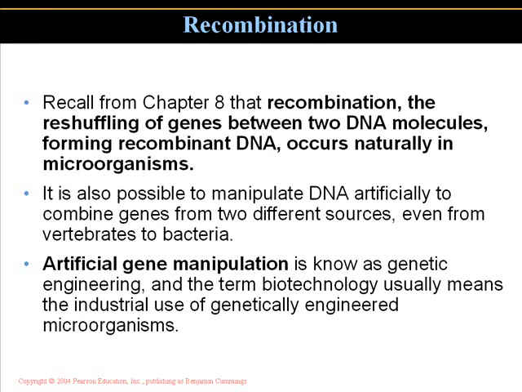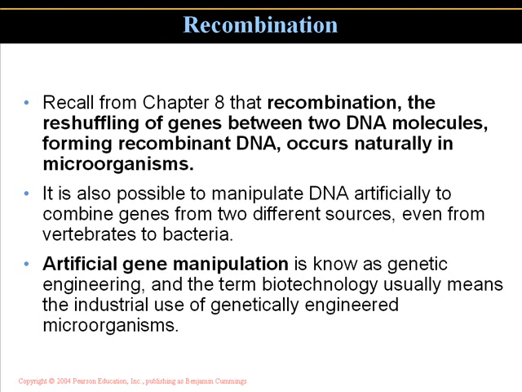produced utilizing this mechanism. Again, we've used the term recombination in the previous chapter, where we were talking about the reshuffling of genes between two DNA molecules, forming recombinant DNA, which occurs naturally in microorganisms.